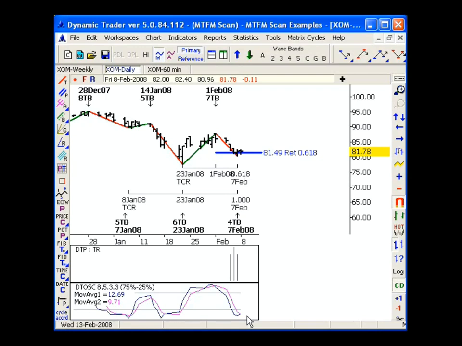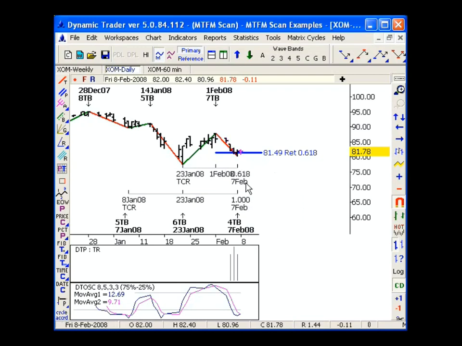Let's look at the other factors. One is Exxon has come up and down in the position possibly to make a corrective low, kind of the ideal position to consider a long trade. It's at the 62% price retracement, and timing-wise, it's at the 62% time retracement.